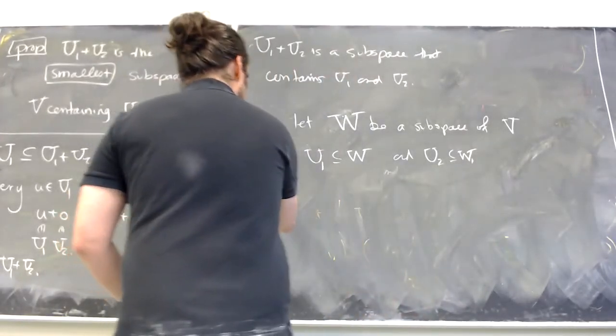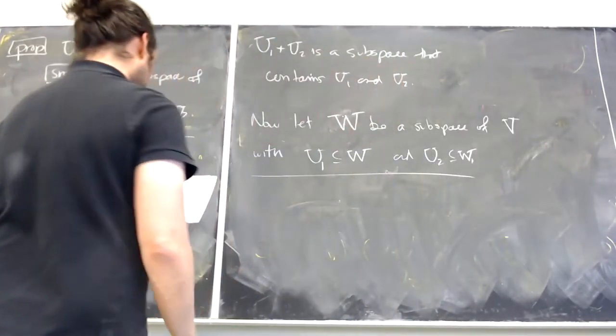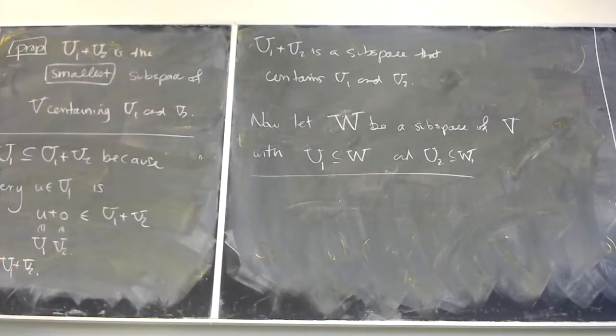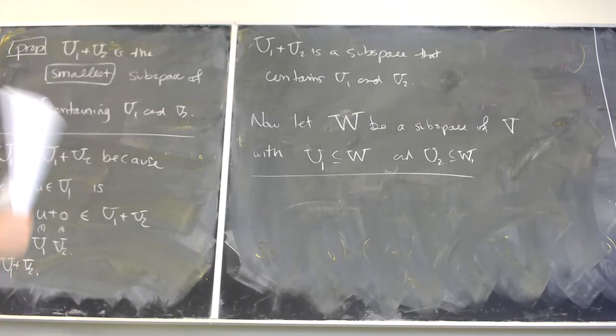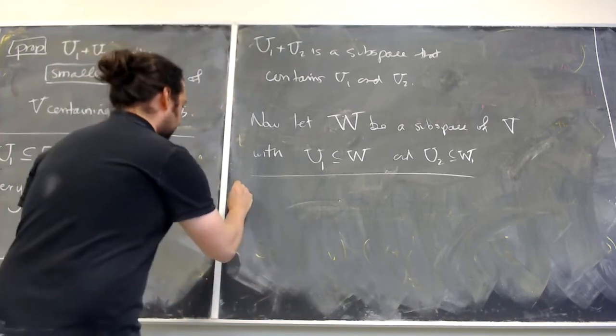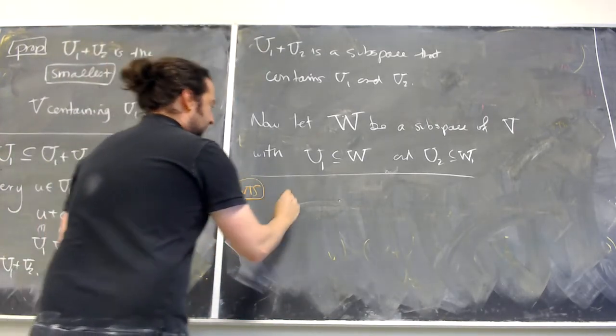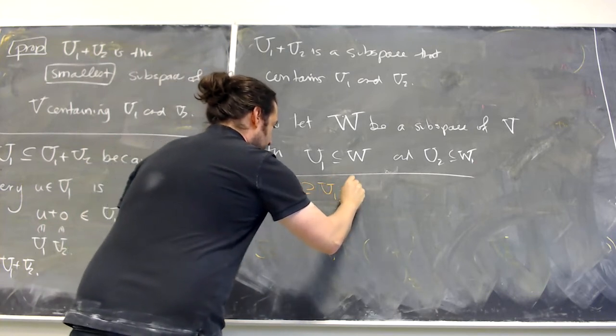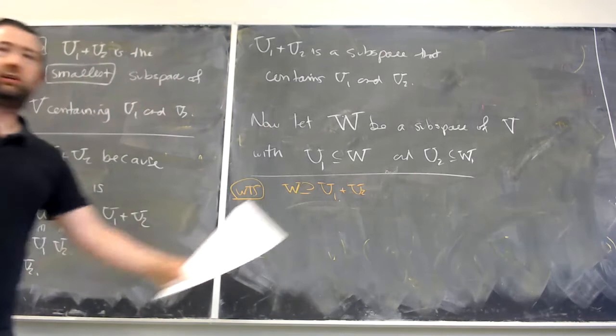So how are we going to show that it contains any element of U1 plus U2? What I want to show is that W contains U1 plus U2. How do I show that one set contains another set?